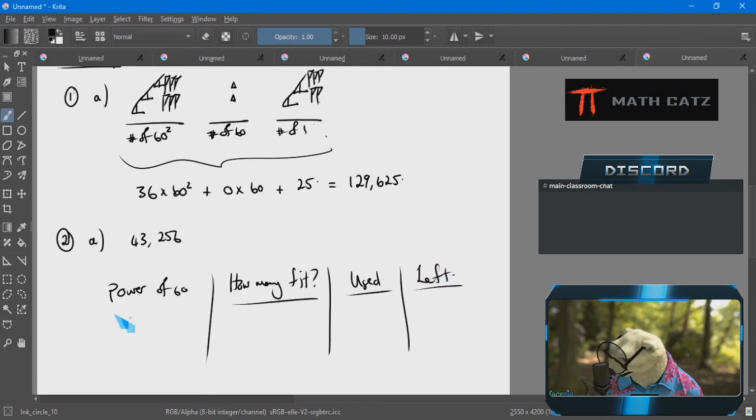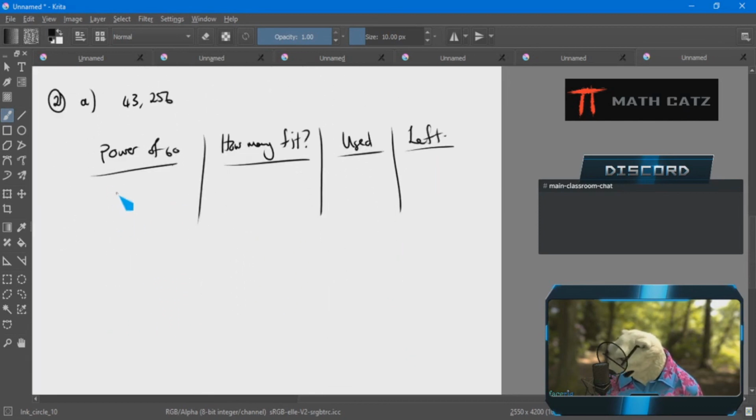Absolutely nothing is going to change in how I approach this. Largest power of 60 will be 60 squared, 3600, because the next one up is 216,000, and that's too big. Once I've done that, again, I cannot skip any other power of 60 that comes after that.